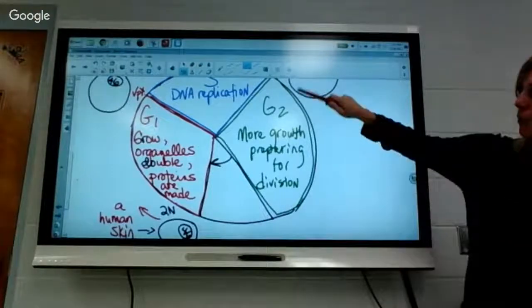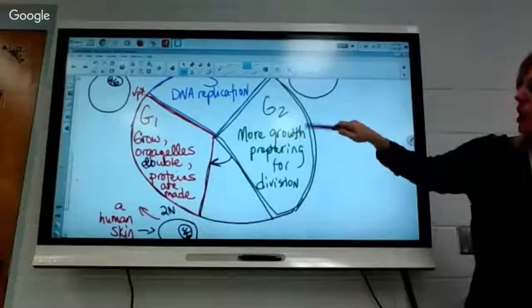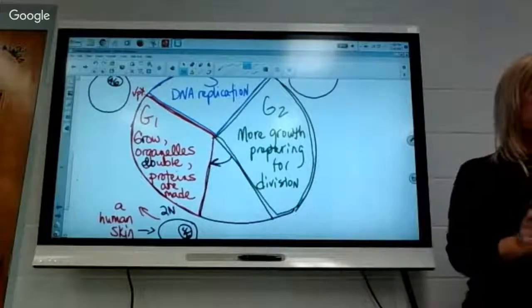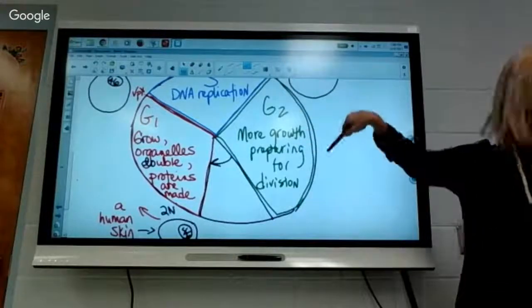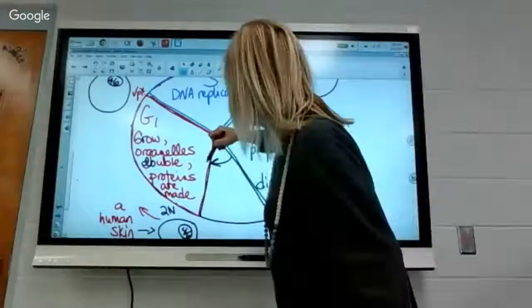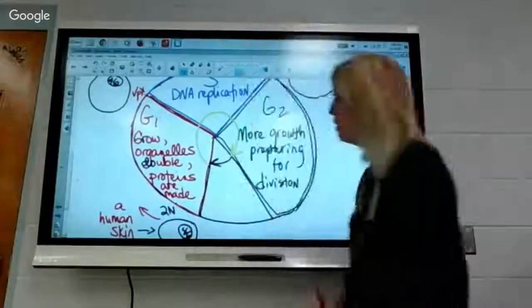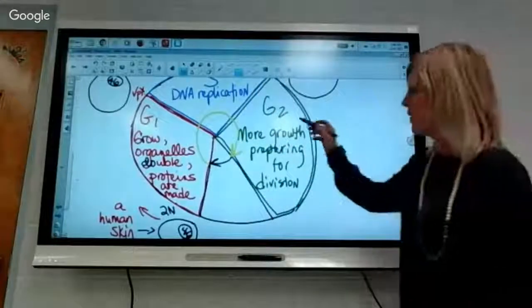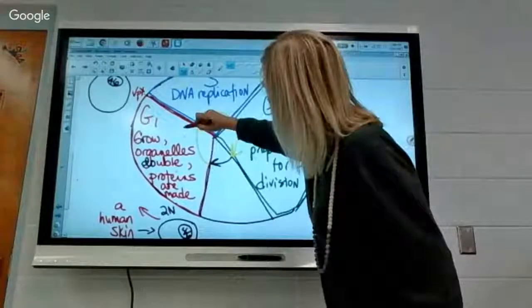There is going to be one more. But G1, S, and G2 are all called interphase. It's the biggest amount of time, so the cell spends more time not dividing at all. This part right here is interphase.